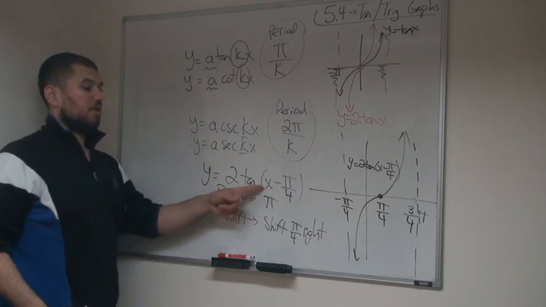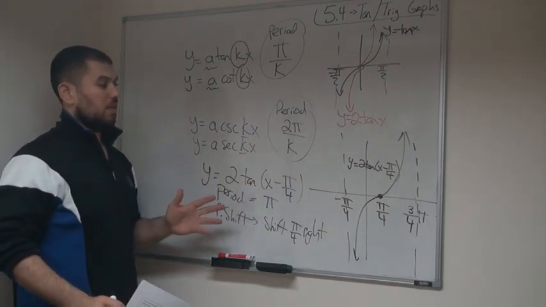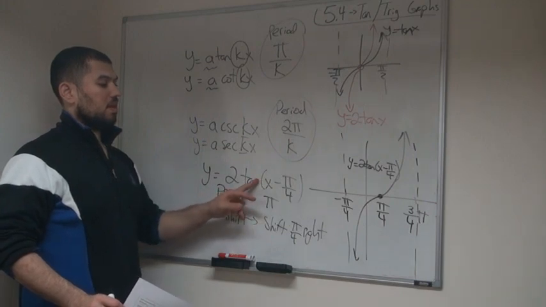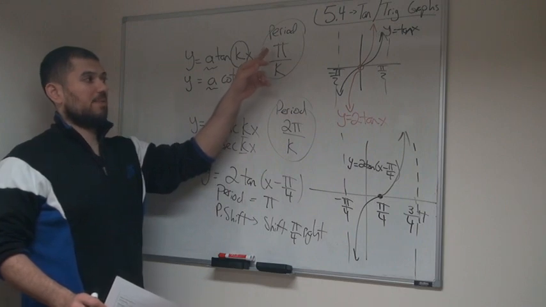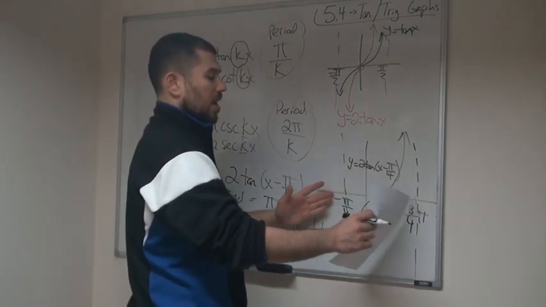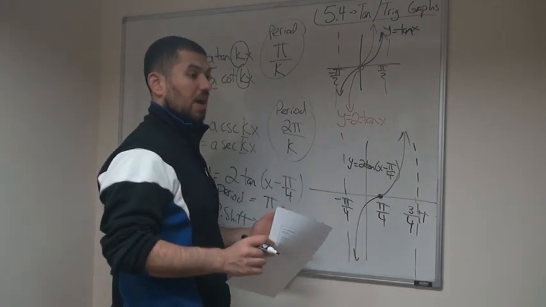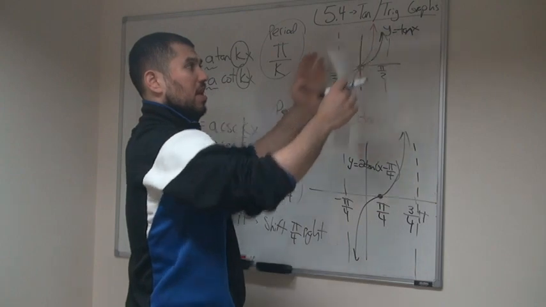Now changing the period, if this had a 2 in front of it, for instance, that would mean that now the period is not pi, but pi divided by 2. So I wouldn't have a range of pi radians, but pi over 2 radians. That would have meant that I squeezed the graph together.